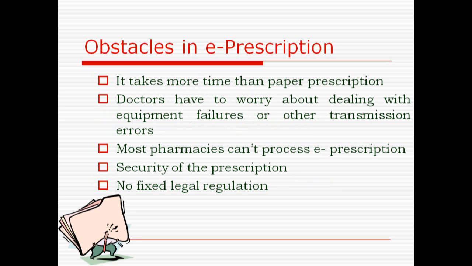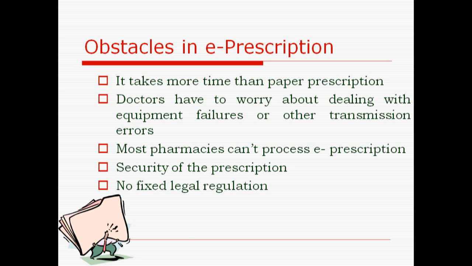Moreover, it takes more time than the paper prescription. The doctor have to worry about dealing with equipment failures or other transmission errors. So with everything, when you start at the first time, there is a bit hesitation also, and there is no direct evidence that this method will proceed further or that will be beneficial. Moreover, they are not getting economical benefits out of it.